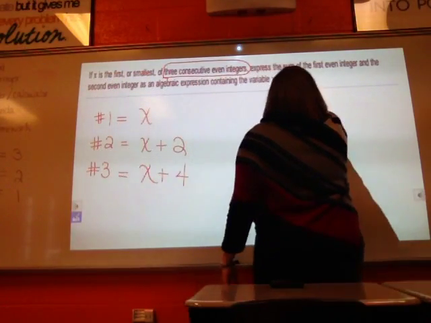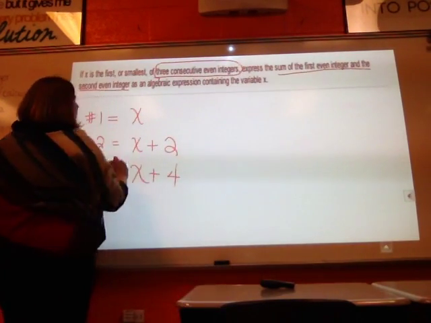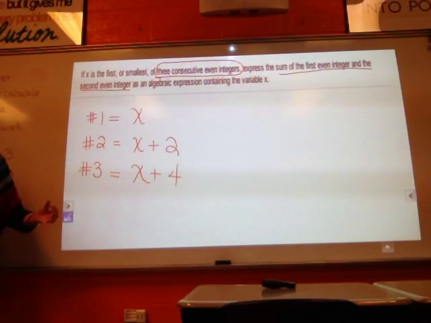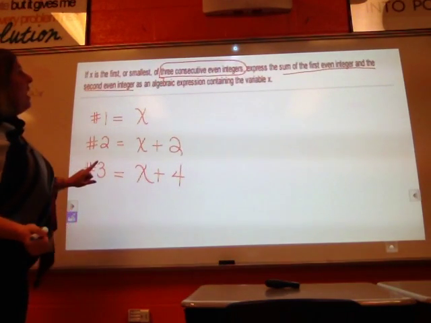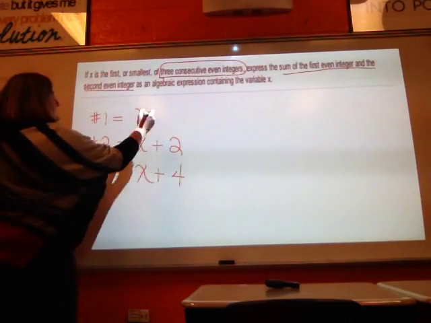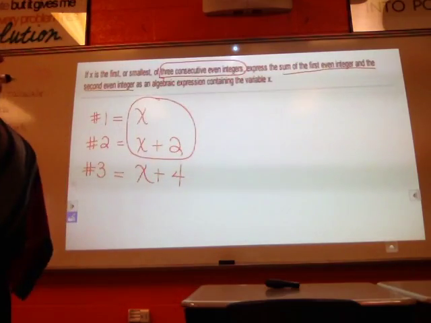Express the sum of the first even integer and the second even integer. So the sum means I'm going to be adding, and I'm only going to be adding the first one and the second one. So I'm only going to be looking at these two. Okay?